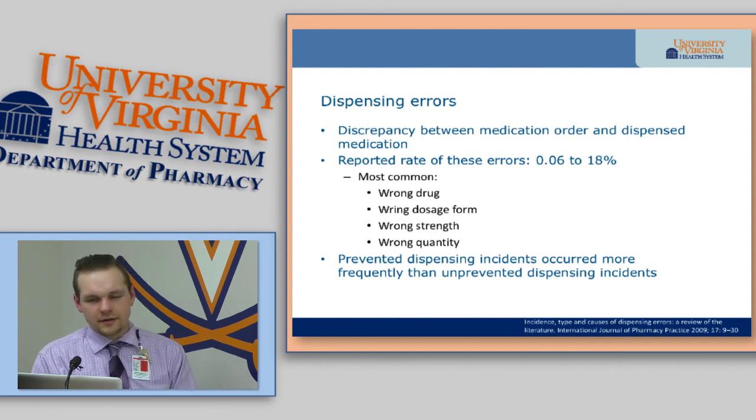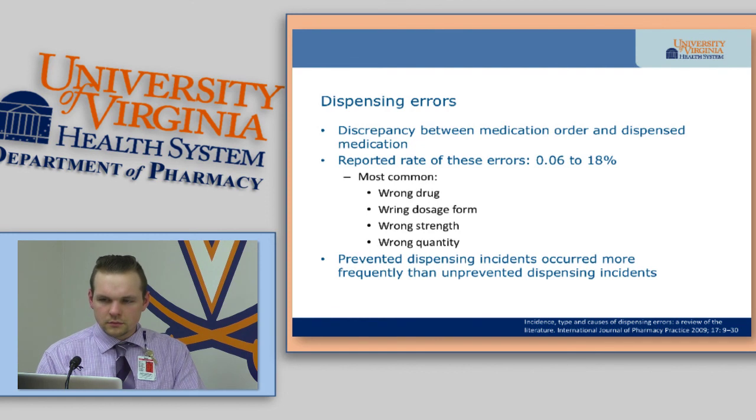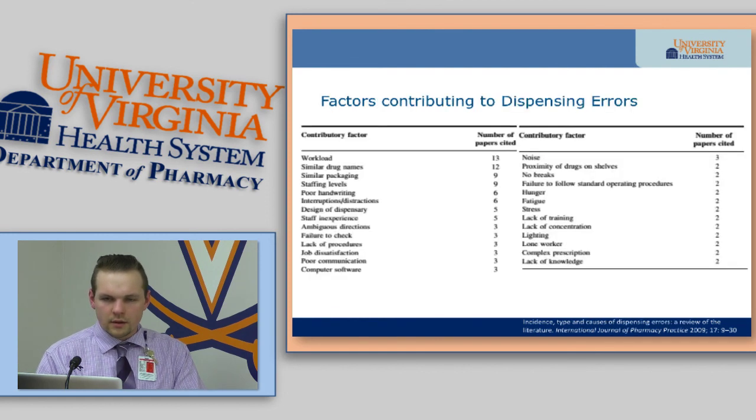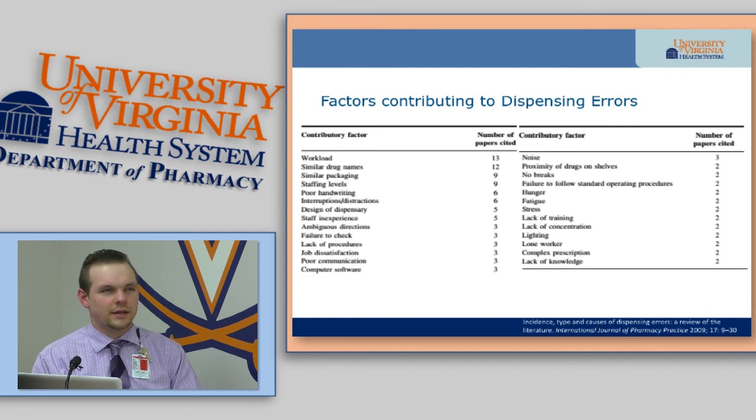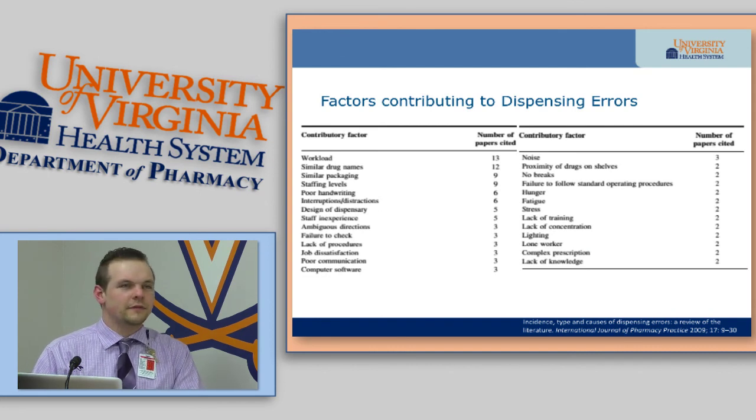Luckily, studies have generally concluded that dispensing errors that have been caught prior to the drug leaving the pharmacy are more common than those that are caught after leaving the pharmacy. There's also a meta-study, a study that looked at a bunch of other papers, that described the factors contributing to dispensing errors.